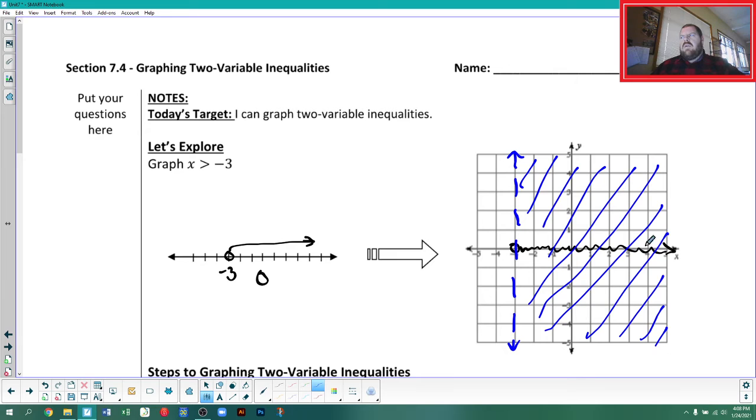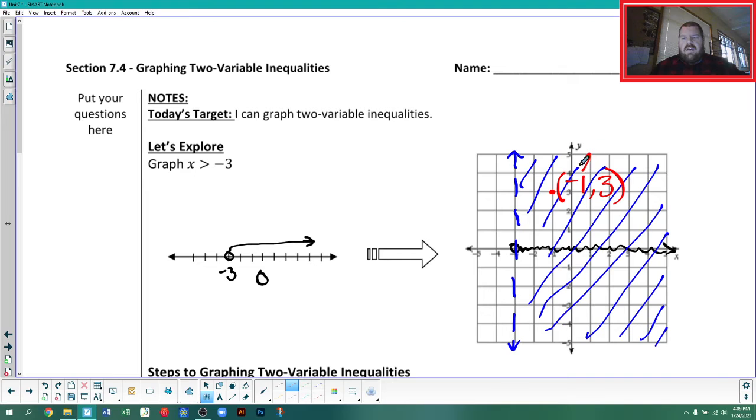But what are we really doing here? We're looking for all coordinates that have an x value greater than -3. So we can think of some concrete examples right here. This point is -1, 3.